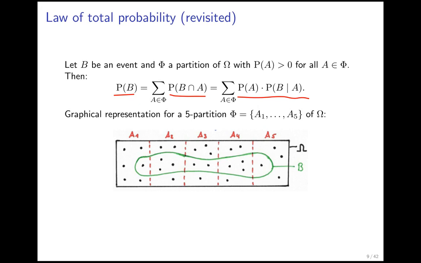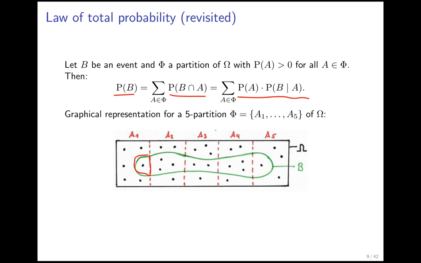You have the whole set omega, which is the black box, and you have a couple of events, A1 through A5. It's a 5 partition with different outcomes in them, and B is in all of them. And maybe for some reason it's much easier to calculate the probability of this part here, which is the probability of B given A1, rather than calculating the full probability of B.